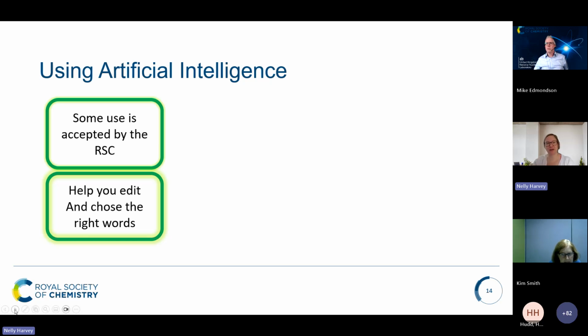And we have an acceptable use policy that Mike shared earlier, and that will be in our documentation. And if you're ever in doubt, please email us at cchem@rsc.org and we can share that with you again.